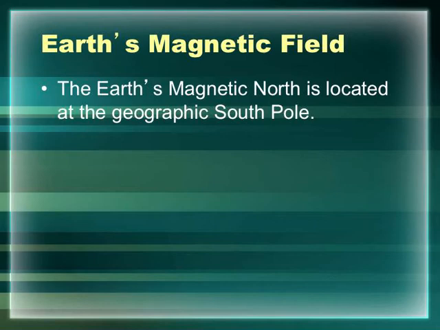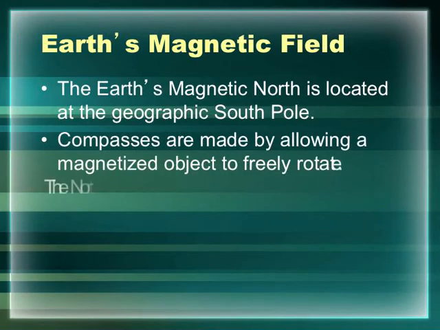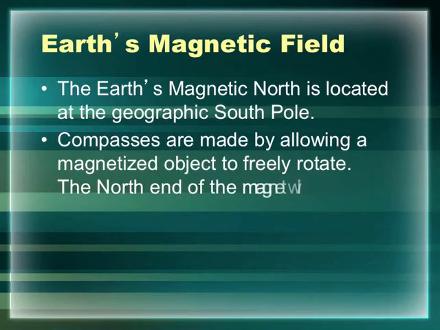Well, not why it's located at the south, but why we call the north and all that kind of stuff. And compasses, guys, are created by just allowing a little magnet to spin. And on a magnet, we have a north side and we have a south side.